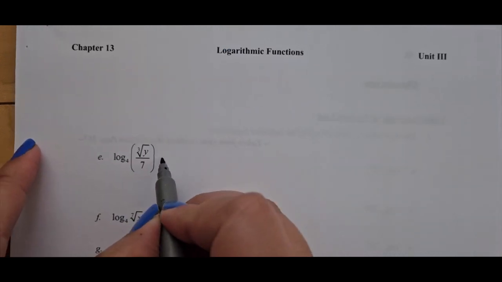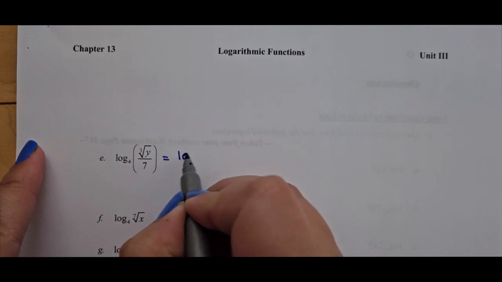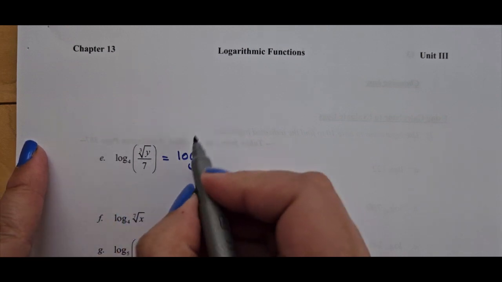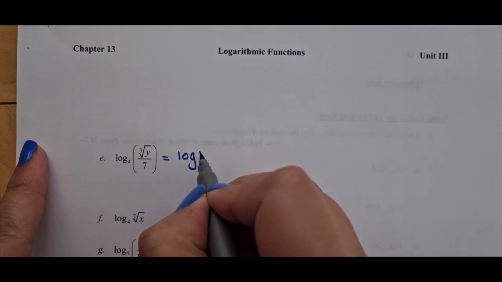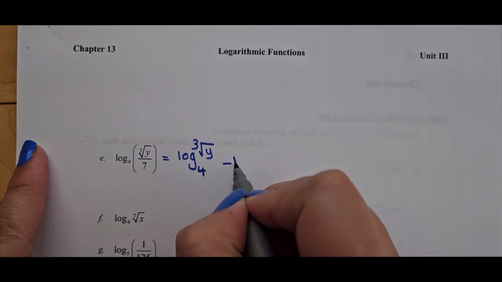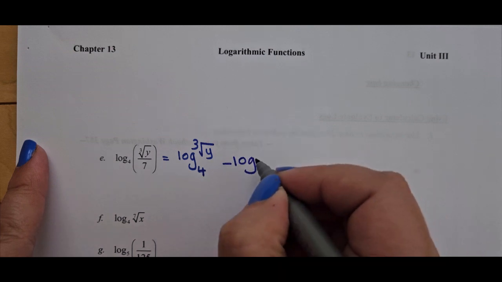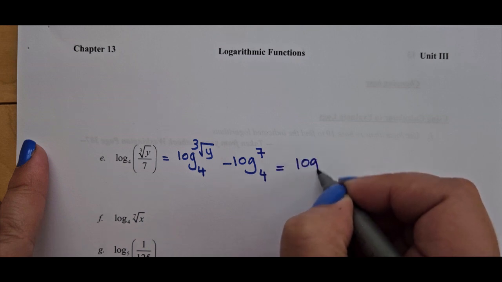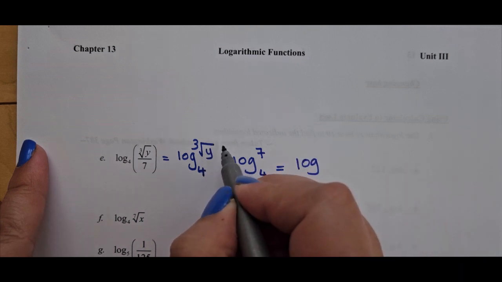Okay, next one. So here again, let's do the quotient first because it's a quotient. So y cube root, okay, minus log 7 base 4. So for this one, this will be 1/3, right?